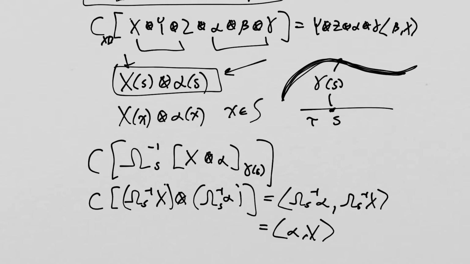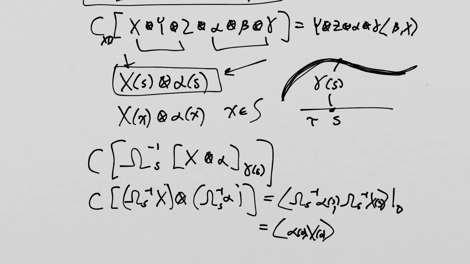Where this is evaluated at 0, right? Because this is a mapping from s to 0. So these are here at s, and these are here at 0, right?